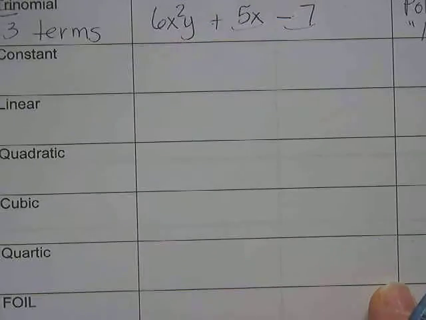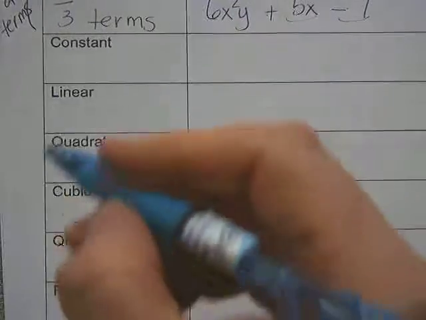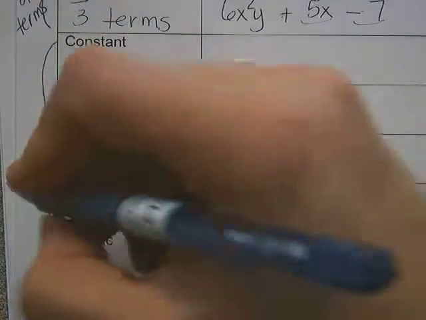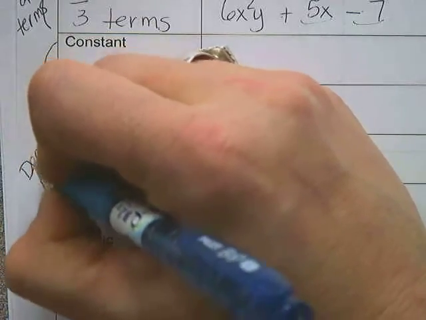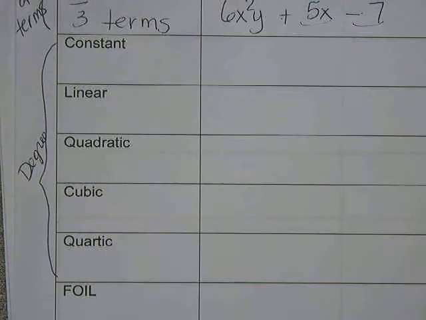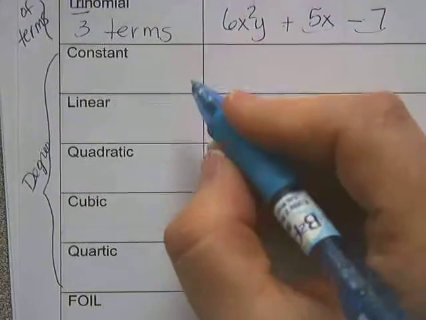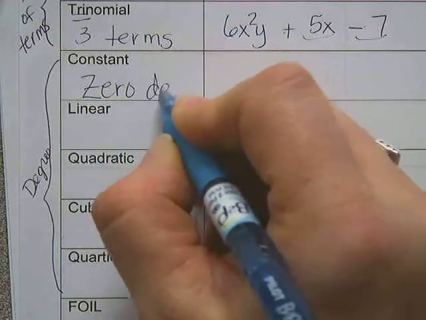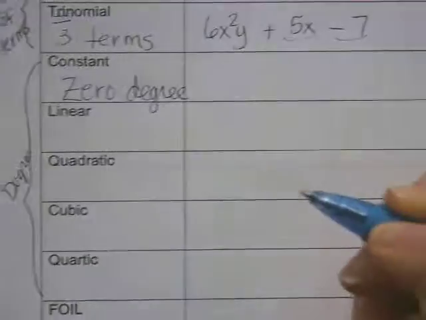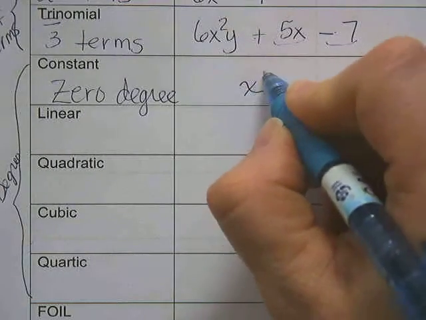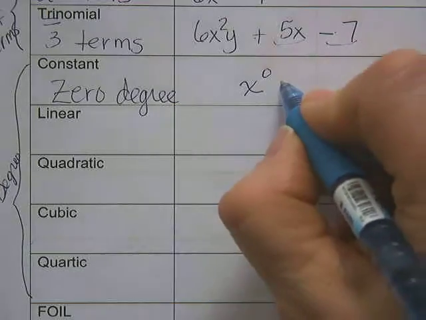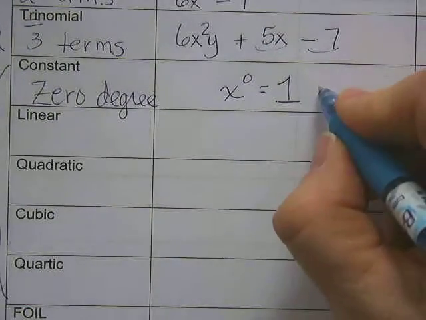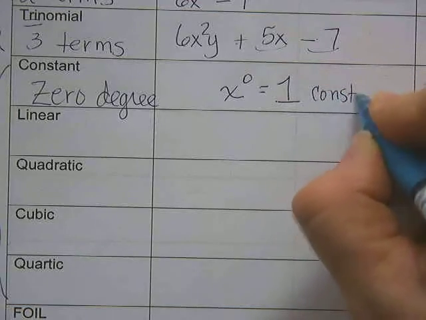Okay. Now, when we talk about these next 5 names, all of these terms have to do with the degree of the polynomial. So if something is 0 degree, for instance, anything to the 0 degree, earlier we learned that that equals 1, and 1 is a constant.